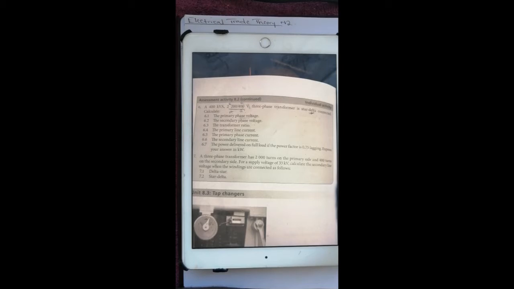The secondary phase voltage, 3. The transformer ratio, 4. The primary line current, 5. The primary phase current, 6. The secondary line current, 7. The power delivered on full load if the power factor is 0.75 lagging. Express your answer in kilowatts. Let's try to answer those questions.